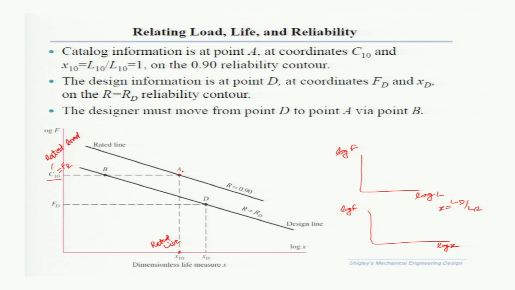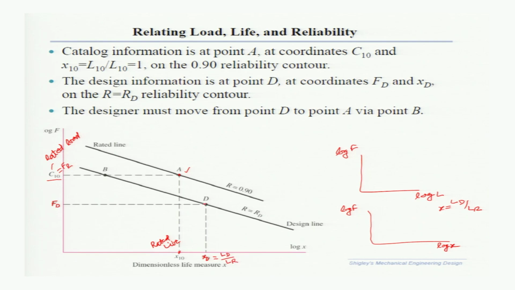So, the manufacturer's catalog will provide you a point A, and the design point, or the desired point, is D, where the load which will act on the bearing is FD, and the x corresponding to this D is XD, which will be equal to your LD, desired life, divided by rated life.